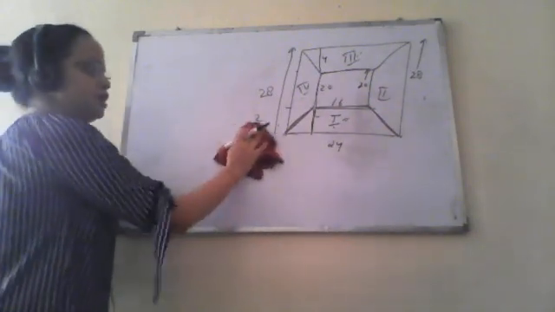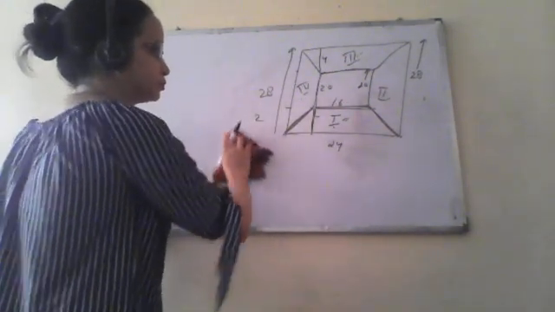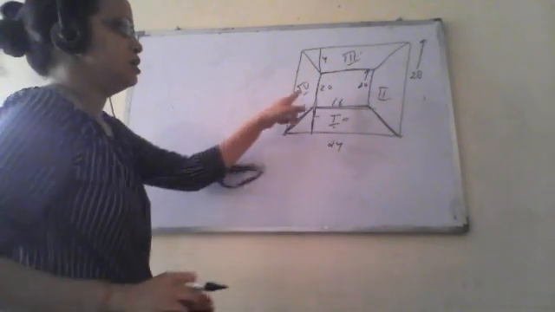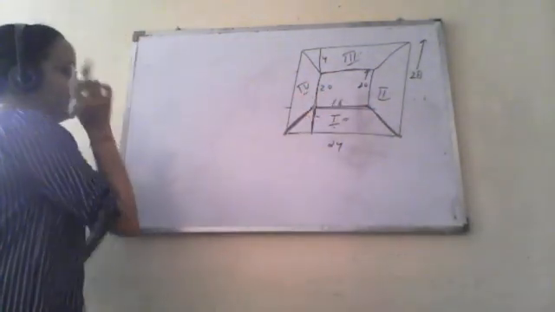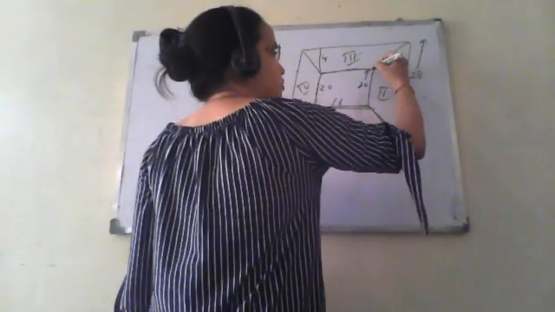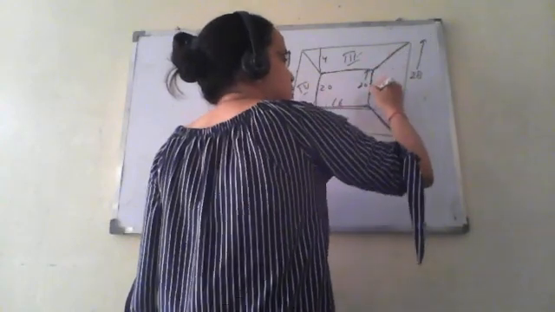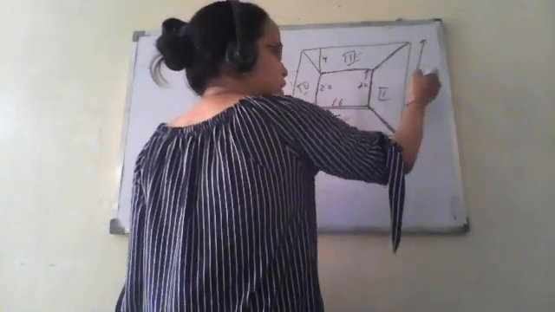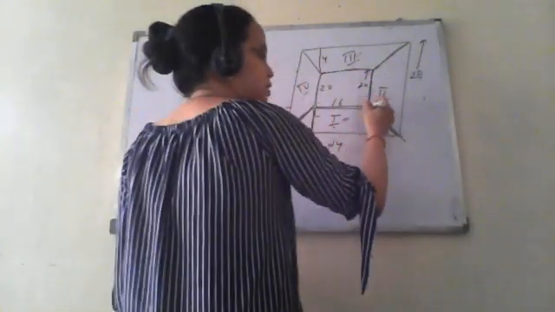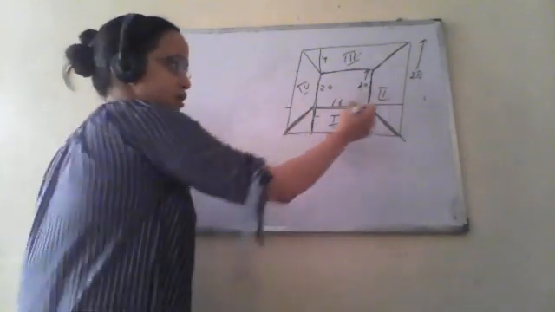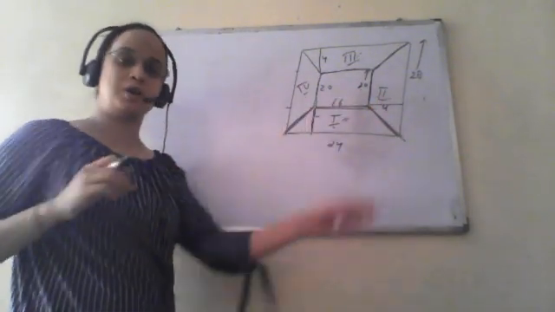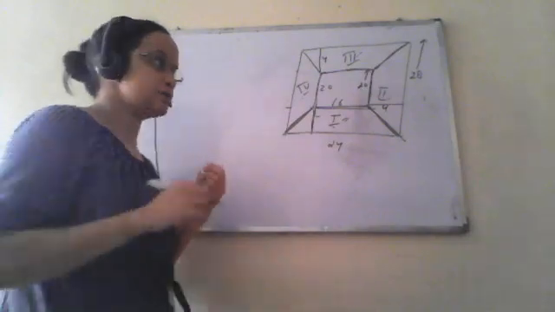Now if we calculate the area of the second and fourth, this is also the shape of a trapezium. This is 20, this is 28. Now we have to calculate this width. It will be 4 because the widths of all the sections are the same.